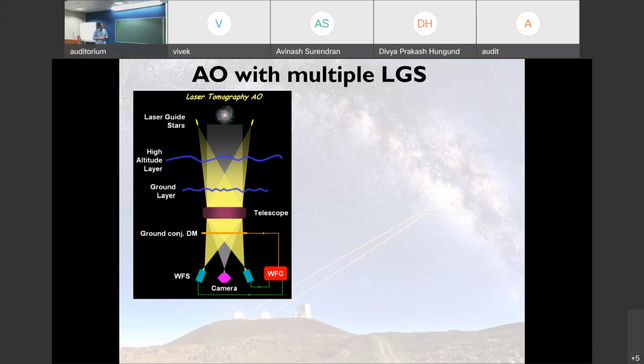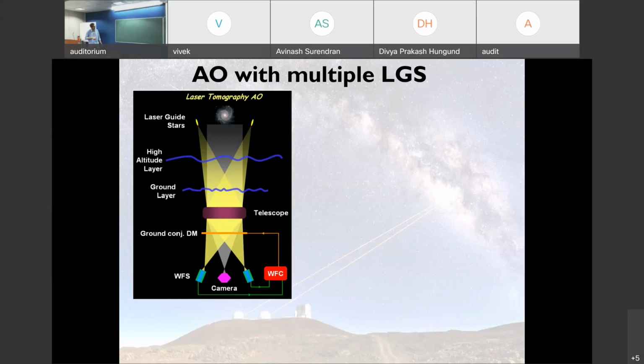So yeah, here, as you can see, you have multiple wavefront sensors, one for each of these laser guide star sources, and then you have one deformable mirror which is correcting for the direction of the science star. These wavefront sensors are looking in these directions, and they are not looking at the science source. We combine all of this together.